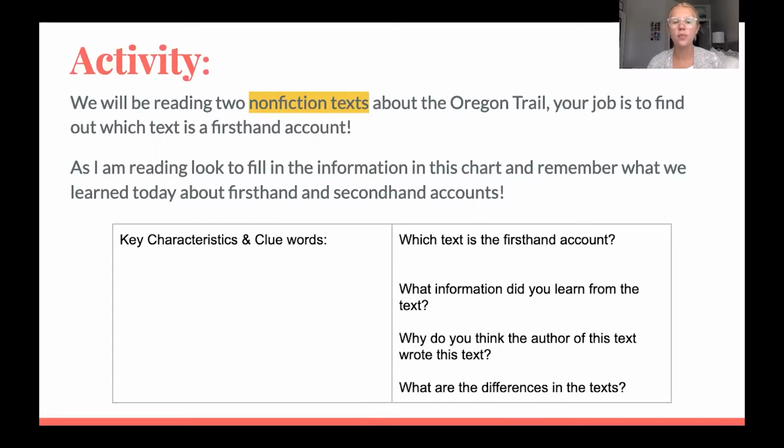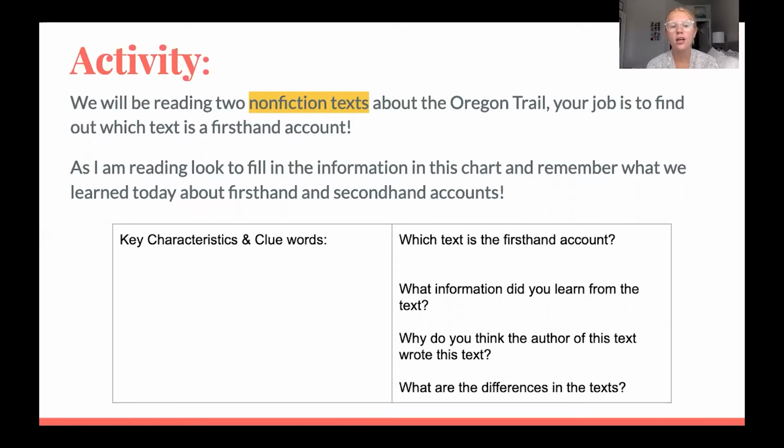So we are going to be filling out this chart that you guys see on the screen right here. If we were in an actual classroom, I would have this printed out as a worksheet for you guys, but since this is online, you guys are going to write out this chart and fill in the answers into your chart as I read.